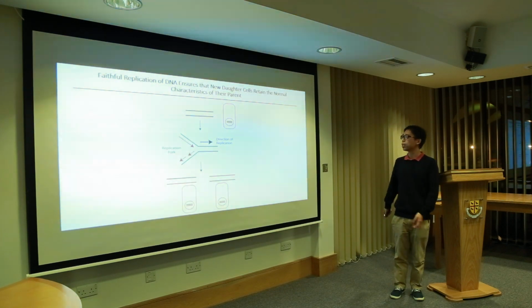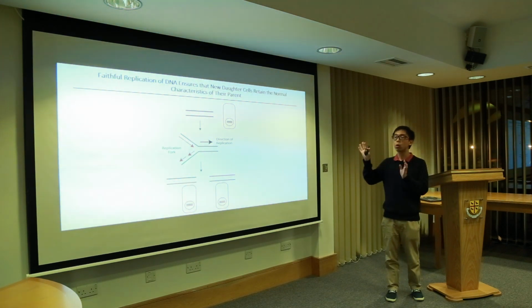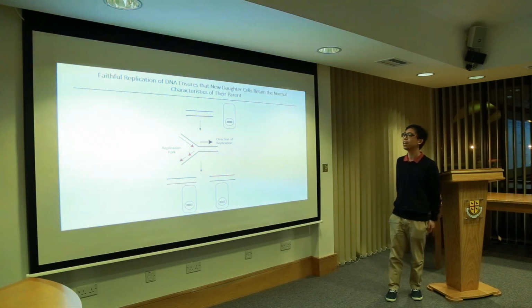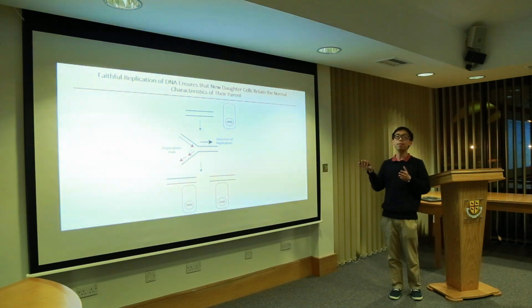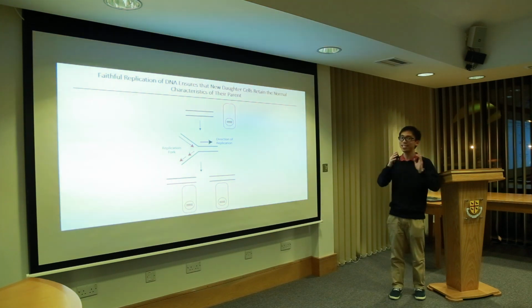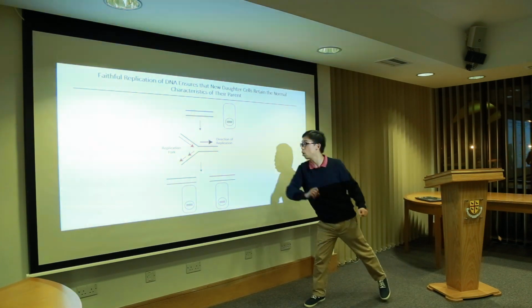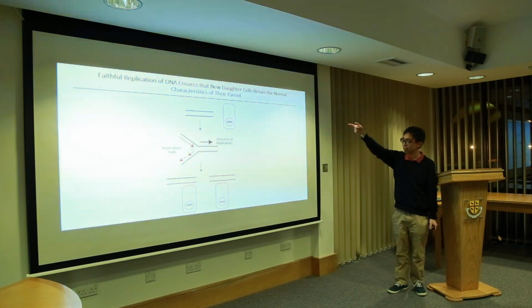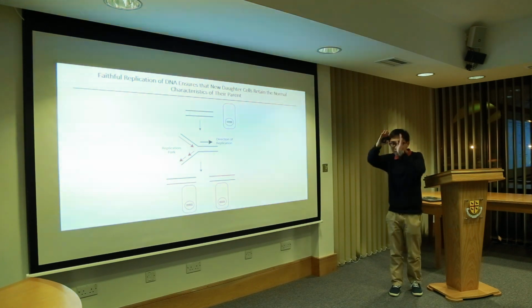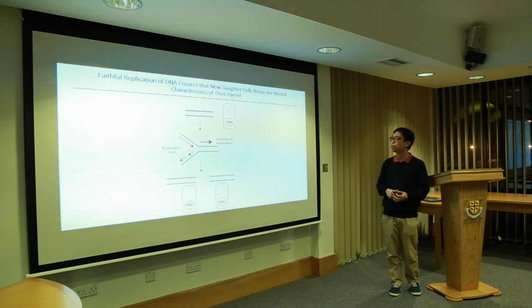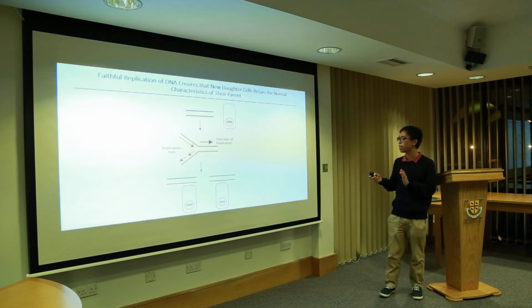And secondly, what needs to happen is this. So when a cell divides and produces offspring or children, they need to be able to faithfully copy or replicate their DNA. As you can see here, the top and lower strand of the parent is used as template to generate new strands of DNA, which can then find their ways to the daughters.